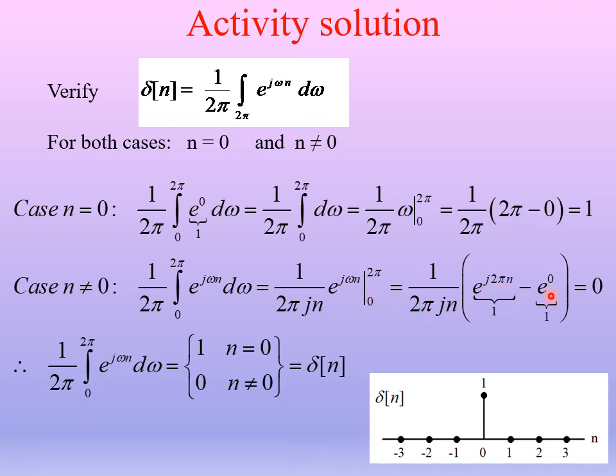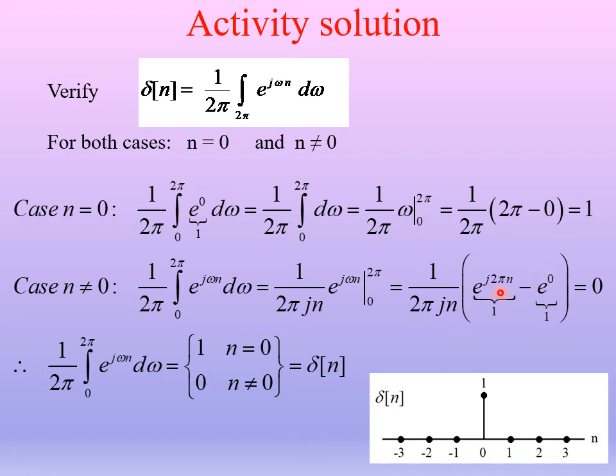Now, these simplify. Let's do the easy one first. E to the 0, of course, is just 1. But e to the j 2 pi n is also equal to 1, because on the unit circle, 2 pi or any multiple of 2 pi, in other words 2 pi, 4 pi, 6 pi, 8 pi, etc., for whatever value of n is here, is the same angle as 0. 2 pi means you've gone all the way around the circle and you're back to 0 radians.